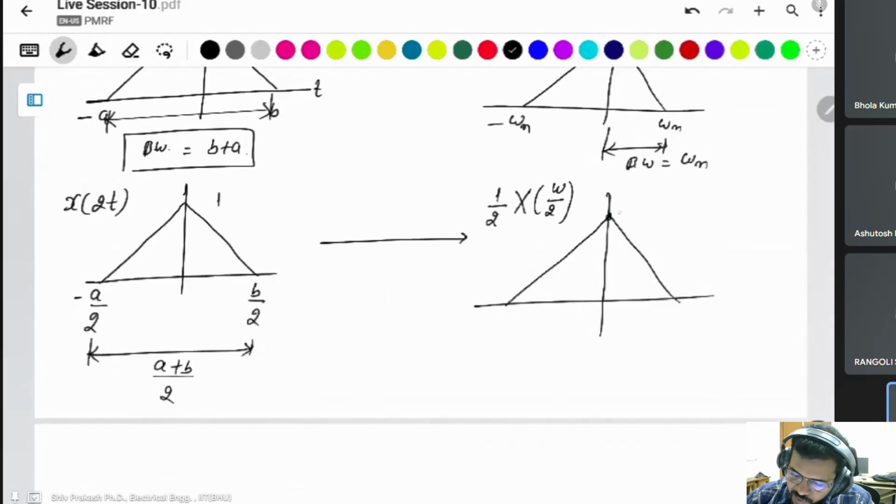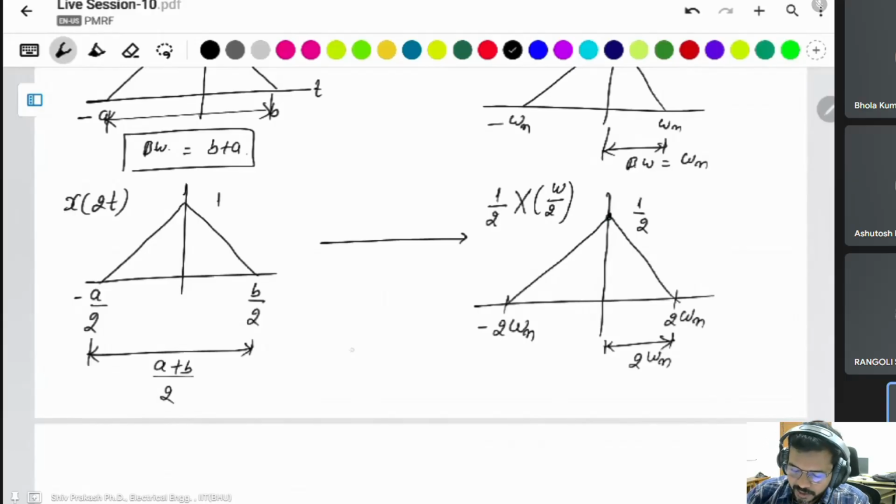Then this magnitude will be 1 by 2, and the corner frequency of that signal will be divided by 2, it means expansion of this one. Expansion means the multiplication in time axis, and bandwidth of this one is double of that one.